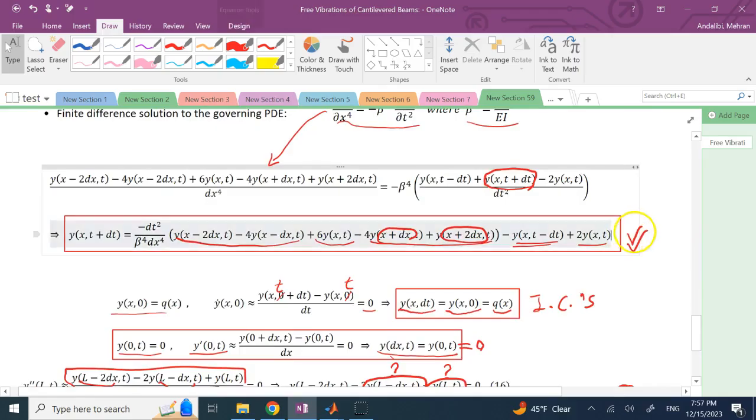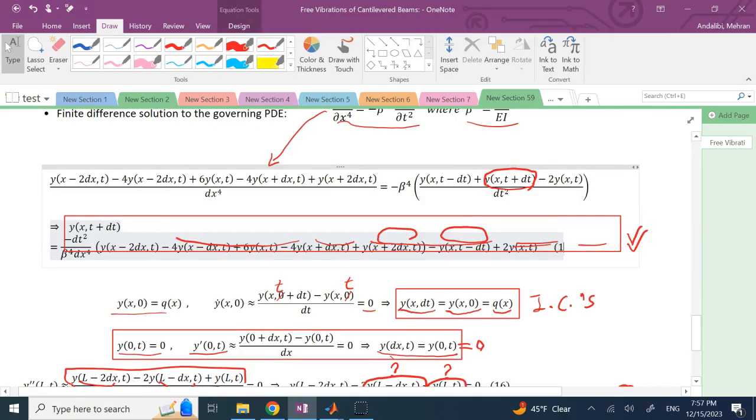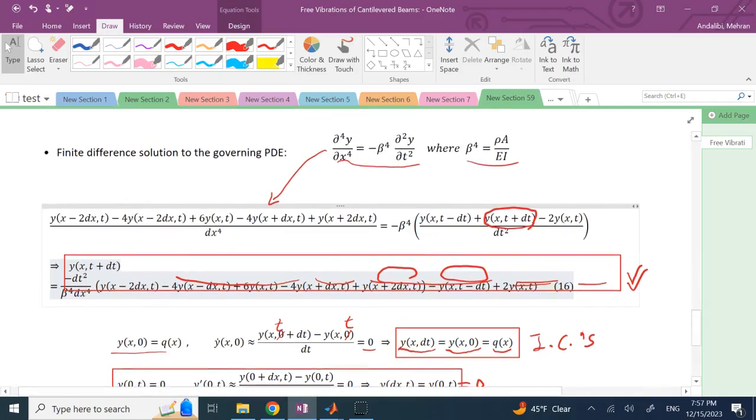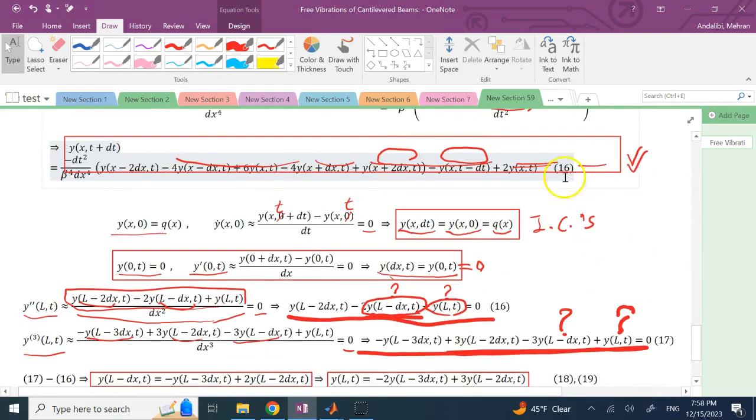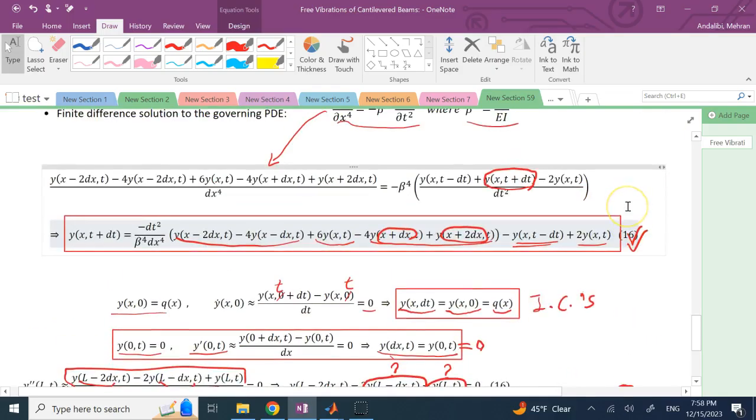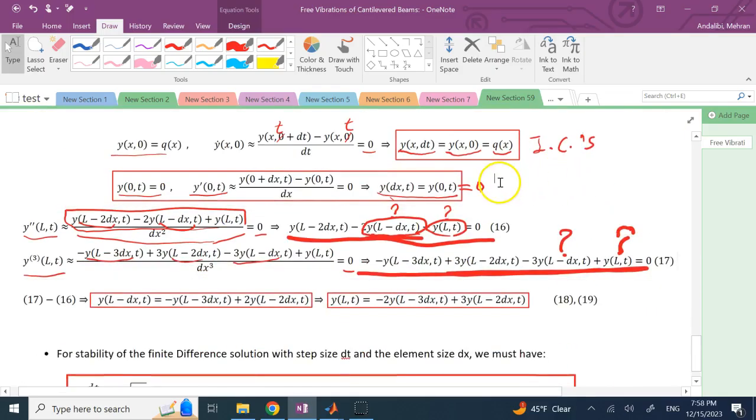you know, let me give some good numbers here. If you don't mind, let me add some numbers. So I call this guy 16, right? Let's go ahead and do that. So that is 16.